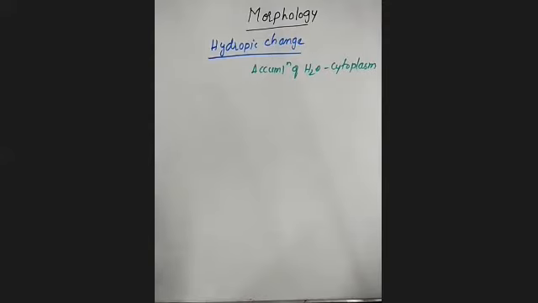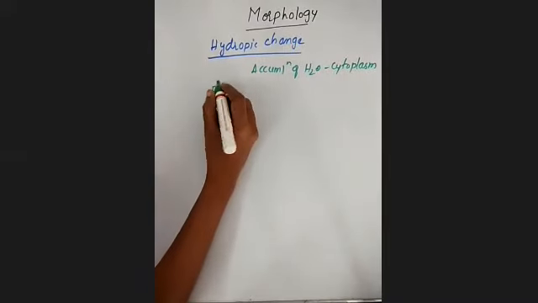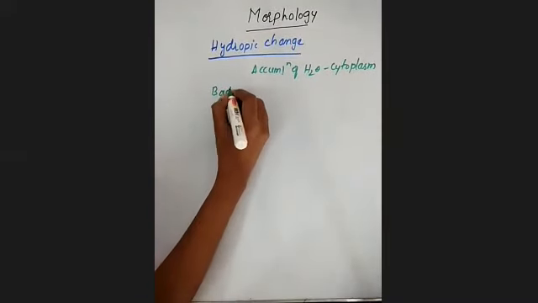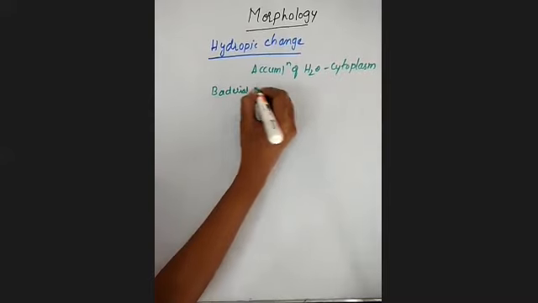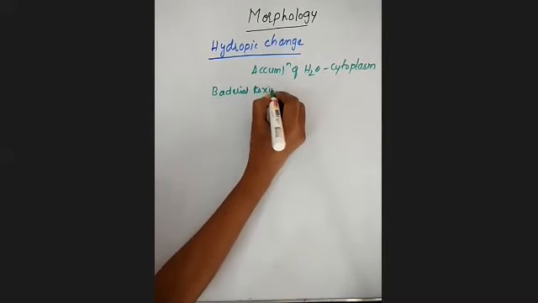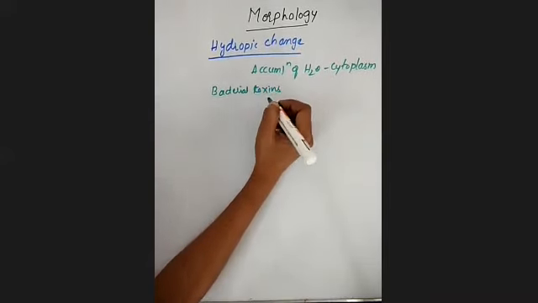See, what are the main causes for this hydropic change? In case of bacterial toxins, suppose if there are any bacterial toxins inside our body, you are going to observe this hydropic change.